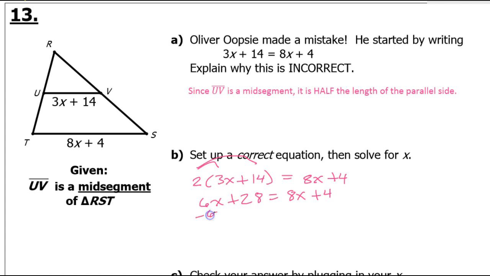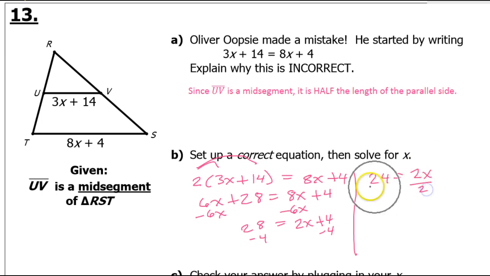I feel like subtracting 6x from both sides this time, keeping it positive, so that'll be 2x plus 4. If I then subtract 4 from both sides, that's going to give me 24 is equal to 2x. And of course, then I would divide both sides by 2, and that will give me x is equal to 12.